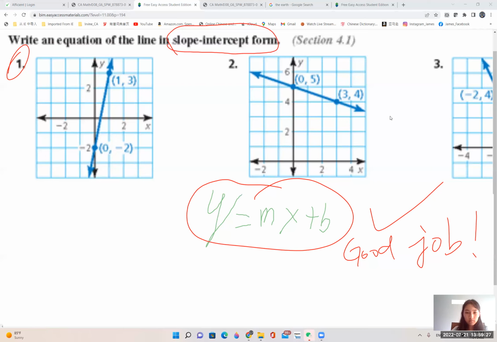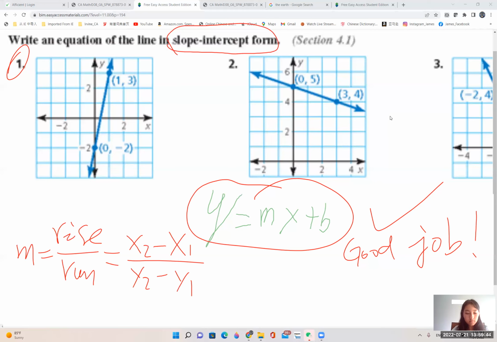Okay, let me write for you. m equals rise over run equals x2 minus x1, y2 minus y1. Okay, correct?